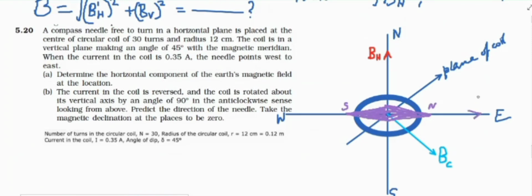This is the direction of the resultant magnetic field, B total. That is why it is aligned in that direction. So how can you find that resultant direction? We have to complete the parallelogram here.